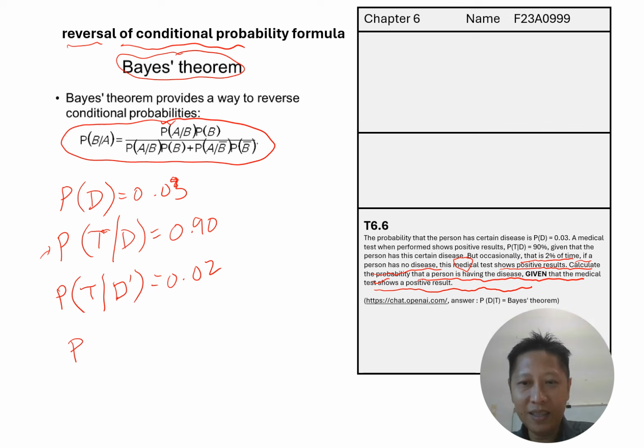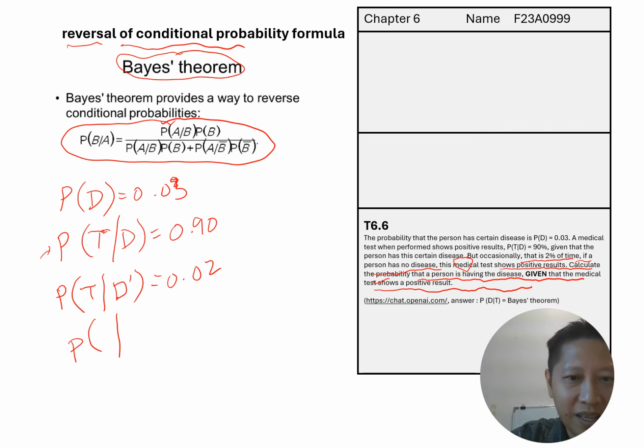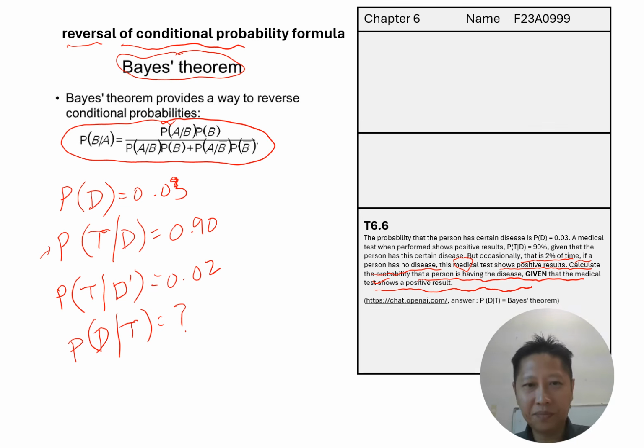Given that this person tested positive, what is the probability that he got the disease? We don't know. So we want to find the reversal of the 90% here.